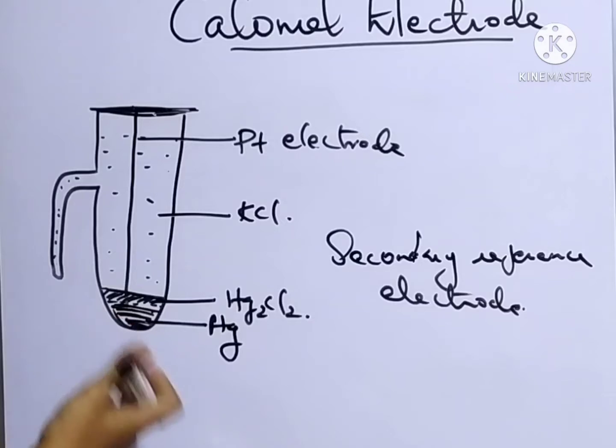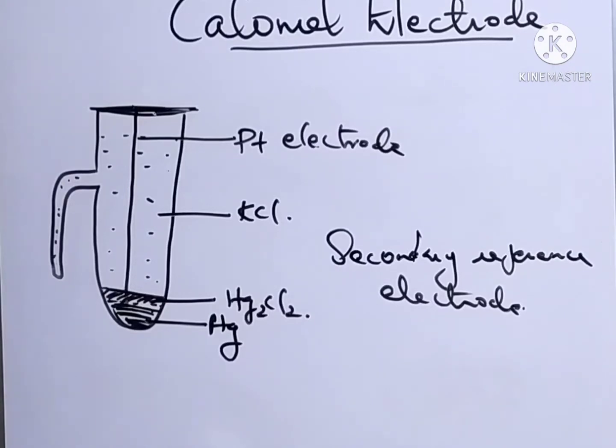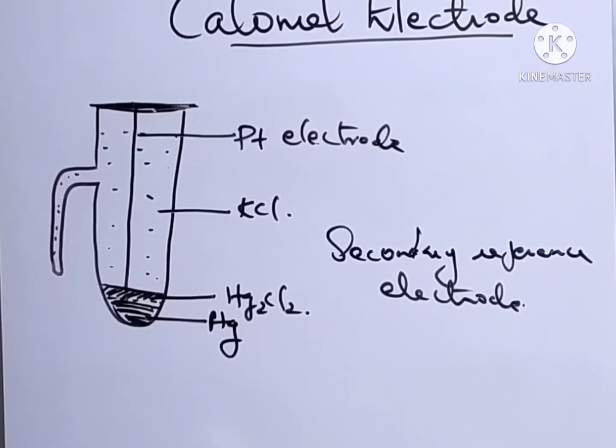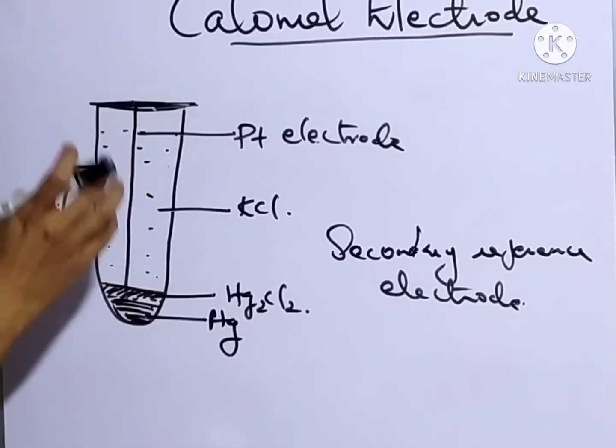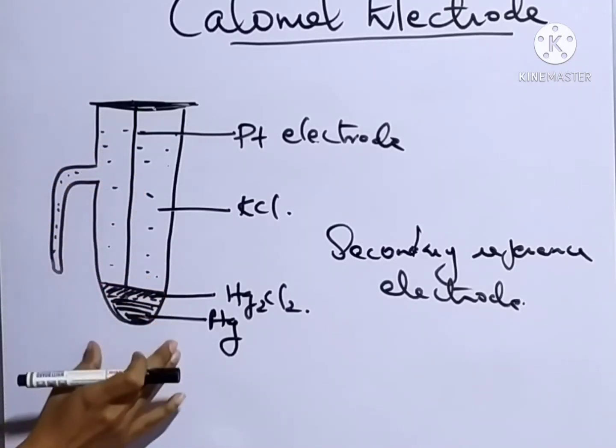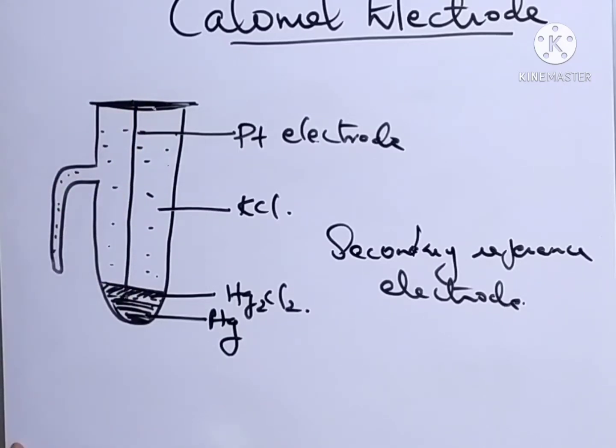Normally, in experiments, we use the calomel electrode as a reference electrode because the standard hydrogen electrode is difficult to maintain. So we require a simple reference electrode. That is why we use the calomel electrode. First of all, we have to find out the individual electrode potential of this calomel electrode.